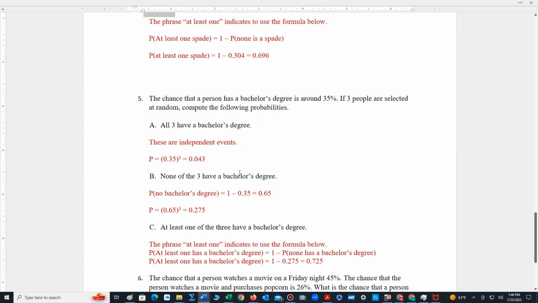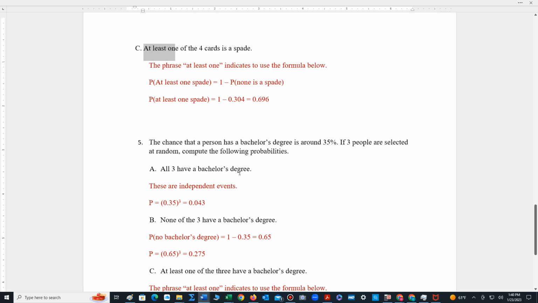Let's go on to number 5. Number 5 says the chance that a person has a bachelor's degree is around 35%. If 3 people are selected at random, what's the chance of computing the following probabilities? Well, here we're selecting a person from millions, right? And actually we're picking 3 people. So whenever we do this, we're picking a small sample from a large population.